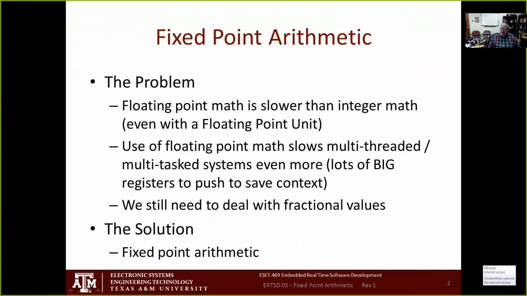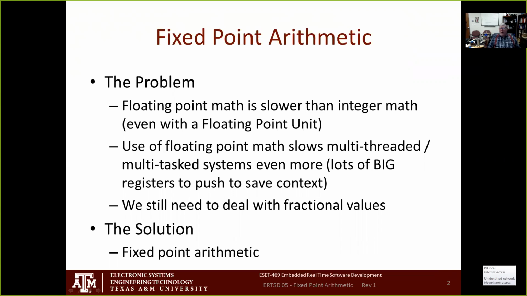And it takes a lot more work even if you only use it a little bit. So let's say, well, I'm only going to use floating point math for this particular debug function or whatever. You just want to print some stuff out. It's no big deal.